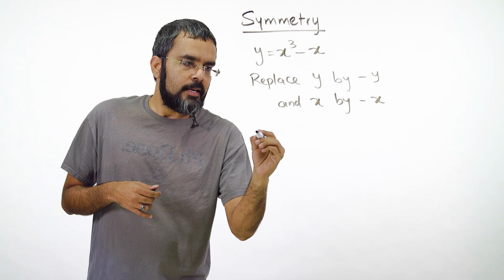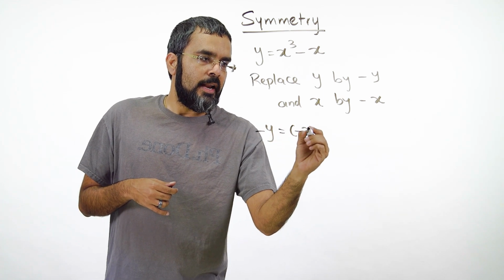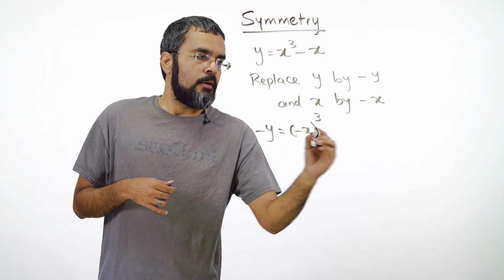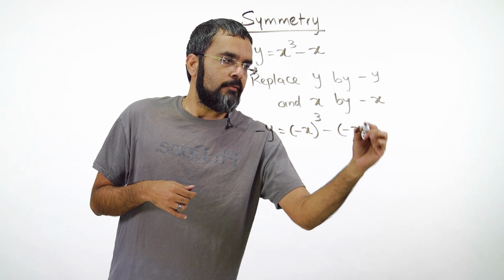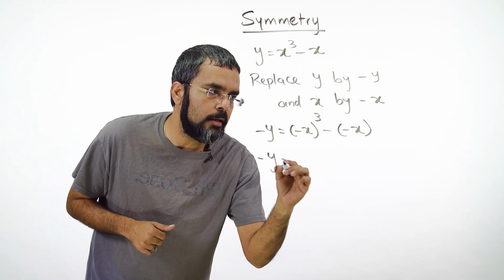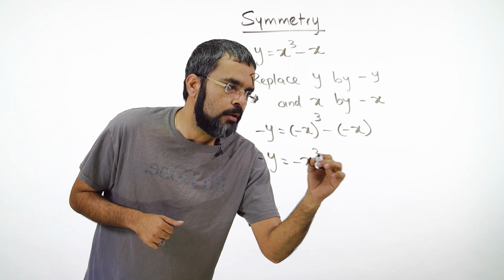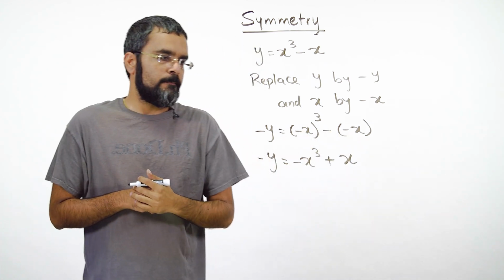So what I get is -y, right? I'm replacing y by -y, equals (-x) cubed minus (-x). Okay, so if I do that, I get -y equals, well, if I'm cubing a negative number, I'm going to get a negative cube, so it's -x cubed plus x.